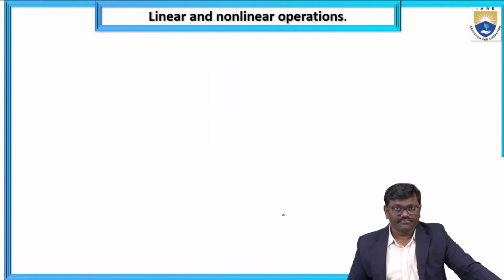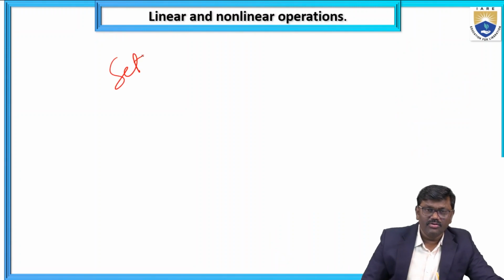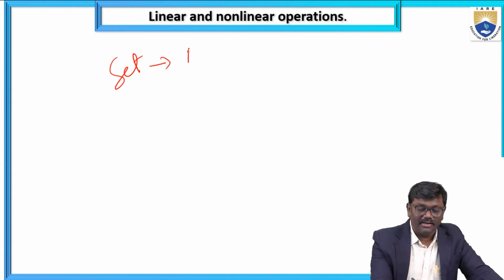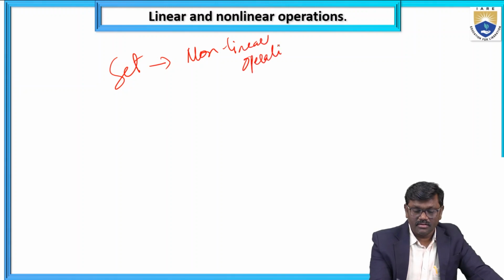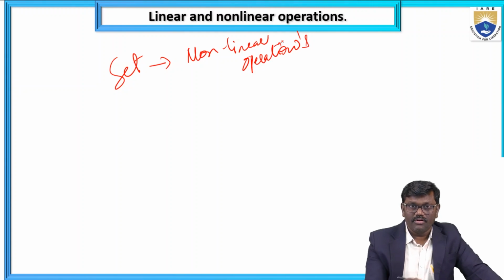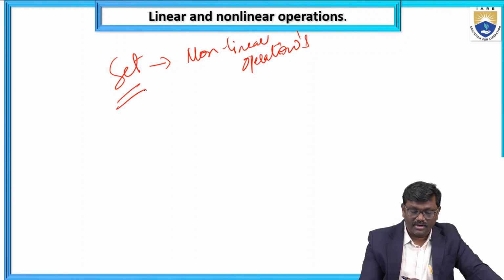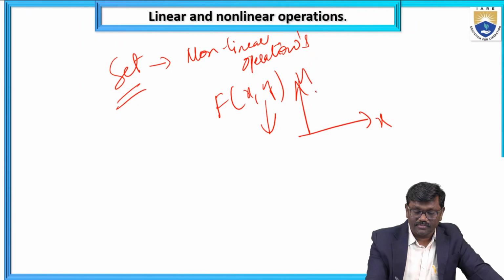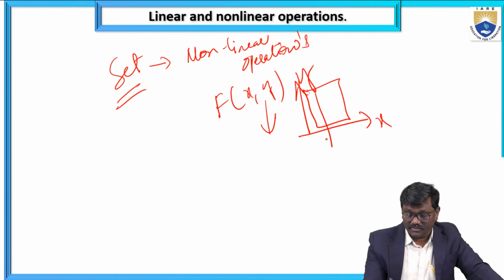Coming to those set values, they are the values we consider based on your non-linear operation. What do you mean by non-linear operations? We keep concentrating on the set of values of f of x comma y. These values between the x-axis and the y-axis coordinates vary in terms of pixels, in terms of columns and rows.